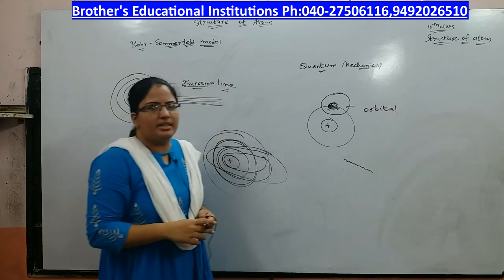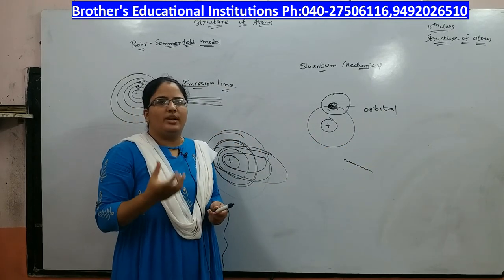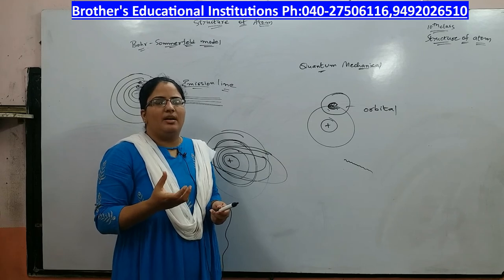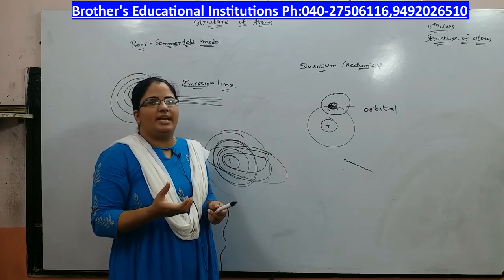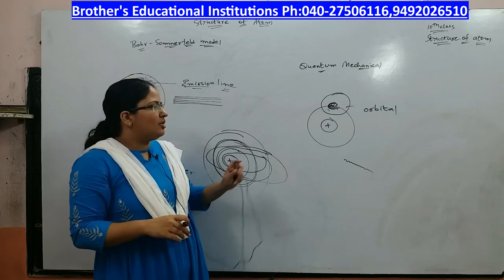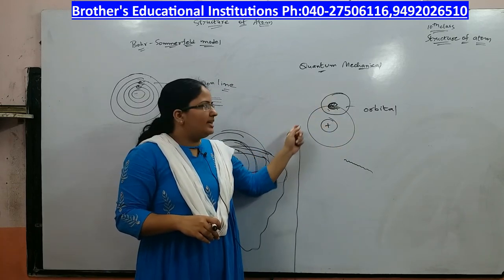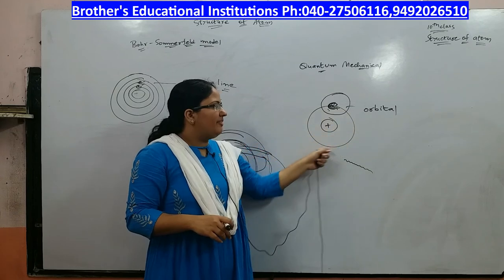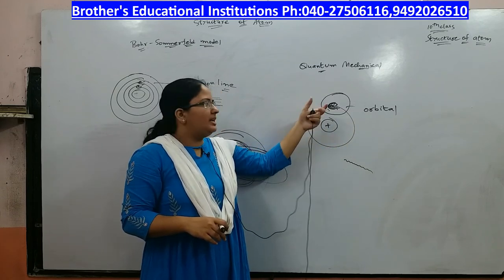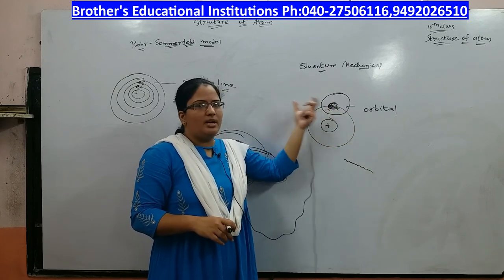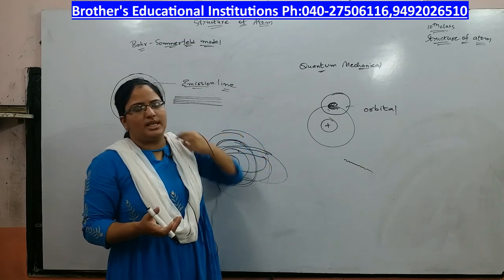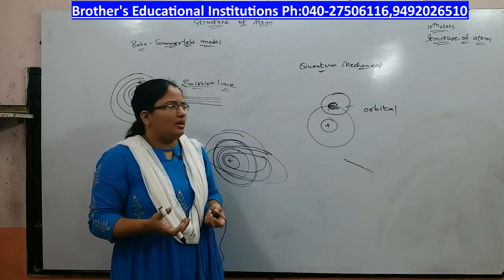An orbital is the space around the nucleus where there is maximum chance of finding an electron. So this shows that an atom cannot have a definite boundary, nor does the electron move in a definite path, but you can find an electron in a space around the nucleus, which is called an orbital.